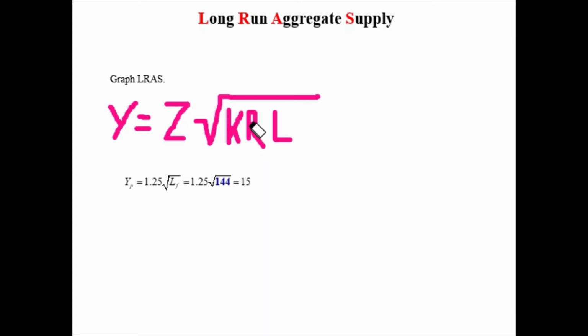Now, if the price level was in this model somehow, which it's not, then if it went up, maybe these other things would have to go down in order for this to remain at 15. But you don't see price level anywhere, so it's independent of price level. Price level is not in this long-run production function.